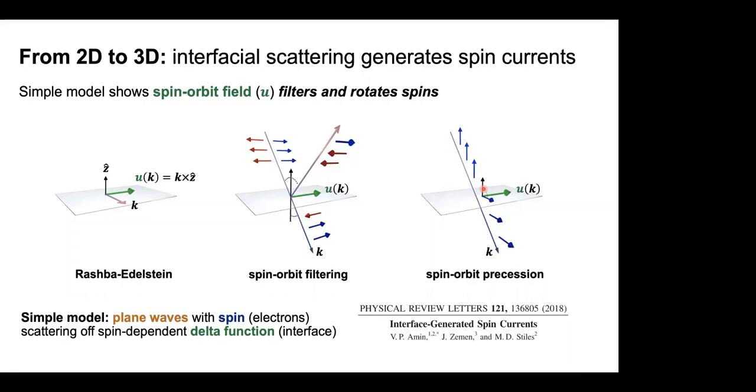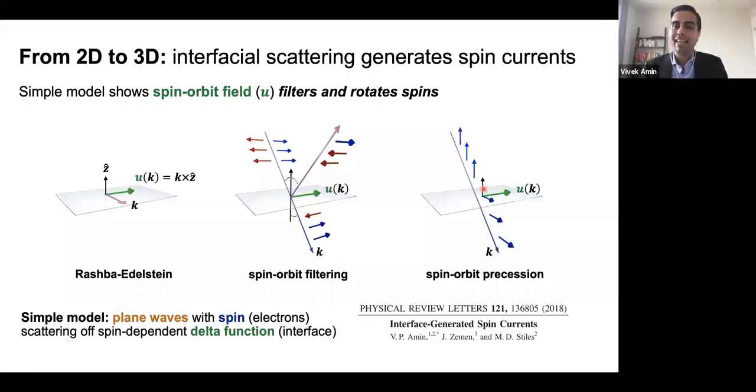No, let's say we have a way to tune the spin orbital field continuously. Will we be able to even see the oscillation of this transmitted spin being, let's say, projected in the same direction as the incoming spin, and then it starts to oscillate because the spin is making full rotations?